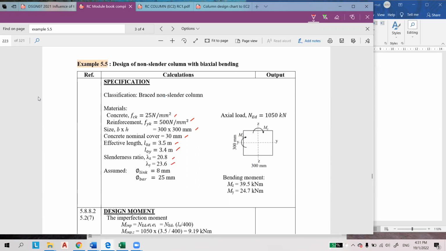This is the size of the link and the size of the main bar, and this is the given value of axial load and the given bending moments. The moment about the z-axis is 39.5 kNm, and the moment about the y-axis is 24.7 kNm.